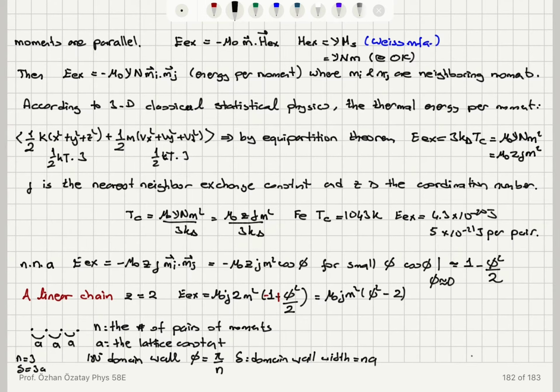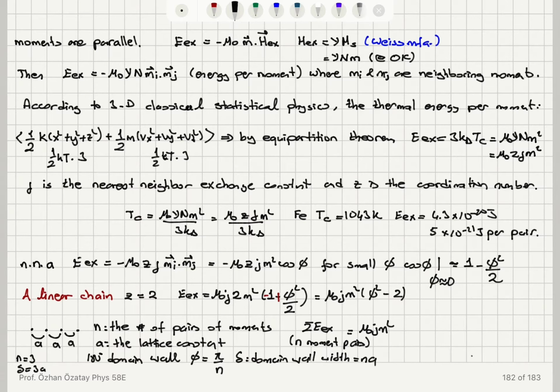Okay, so with that, I want to write the total exchange energy over n moment pairs. I have mu 0 j m squared.